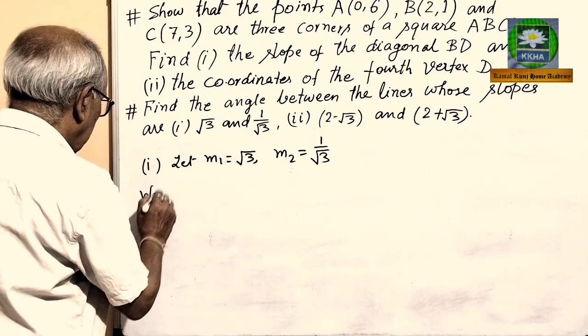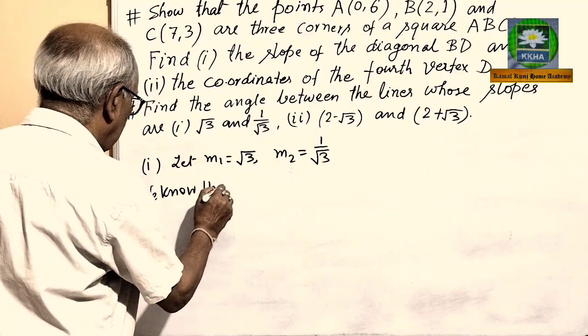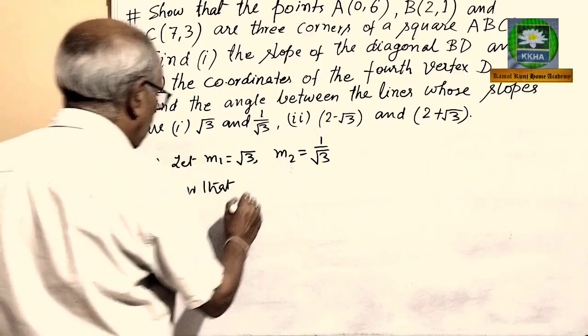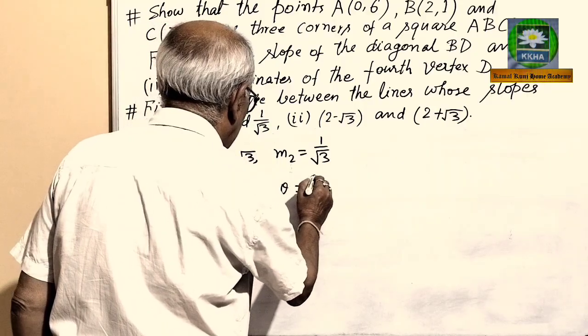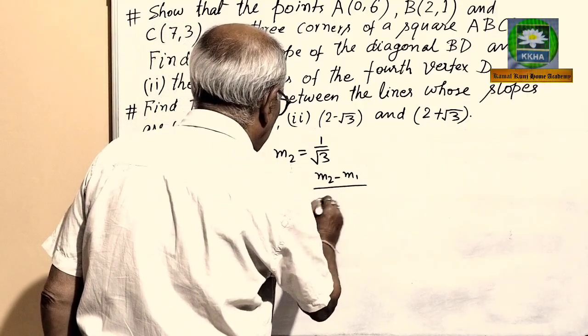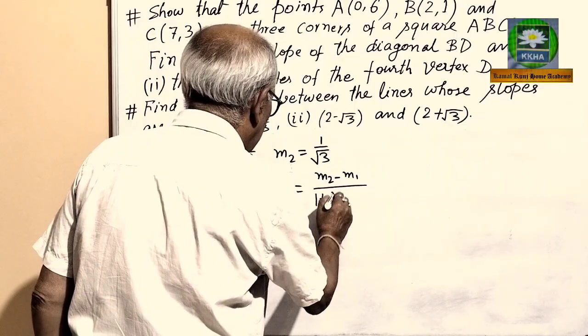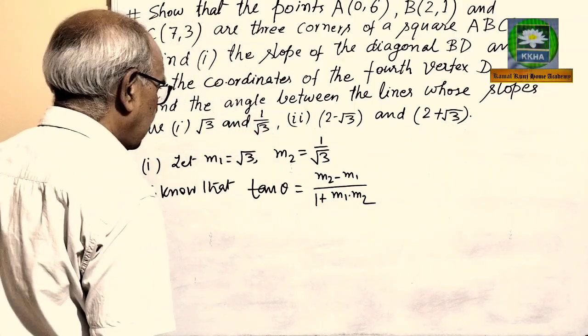Now we know that tan theta is equal to m2 minus m1 upon 1 plus m1 into m2.